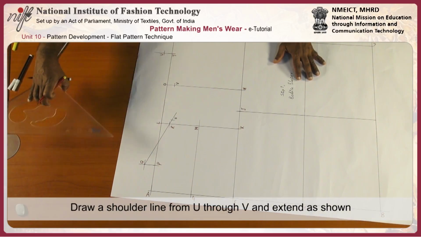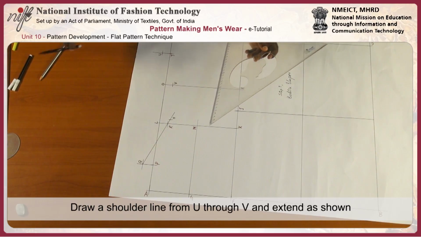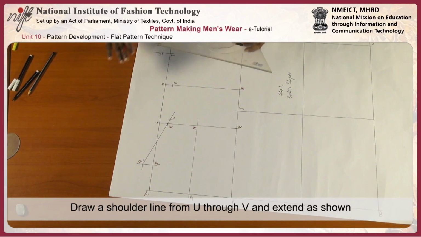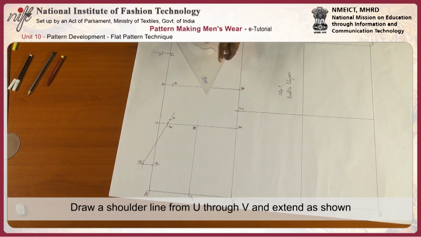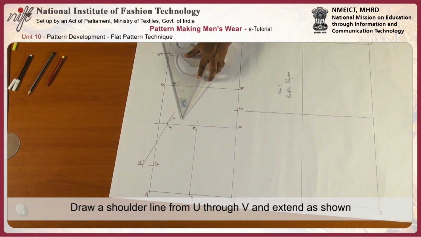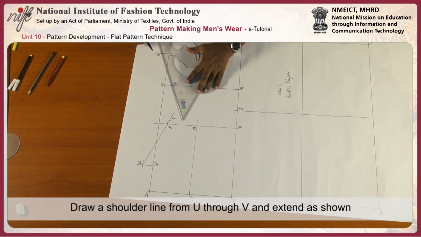Now draw a shoulder line from point U passing through point V and extend as shown in the demo.